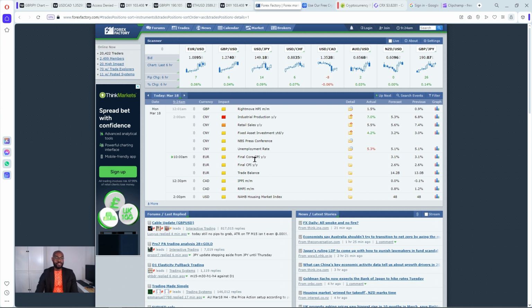In as much as they are not high impact news, I've seen several times news that are not high or even medium impact bring in some level of volatility in the marketplace. This is one of those kinds of news that could bring in volatility. So I'll be watching to see the reaction in the market at 10 a.m. London today, which is in about 30 minutes or so.